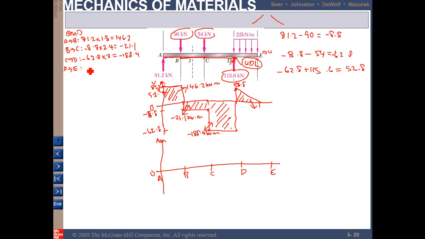It is equal to half, 1/2 times base times height. Base is the distance from D to E, which is 2.4. Height is equal to 52.8.